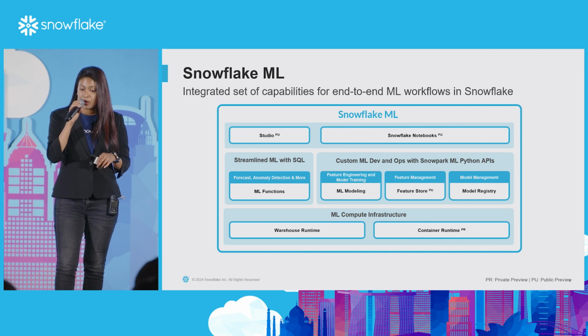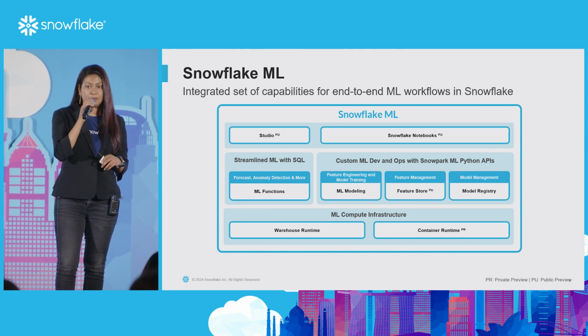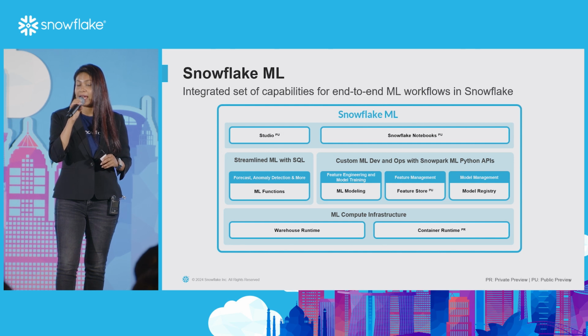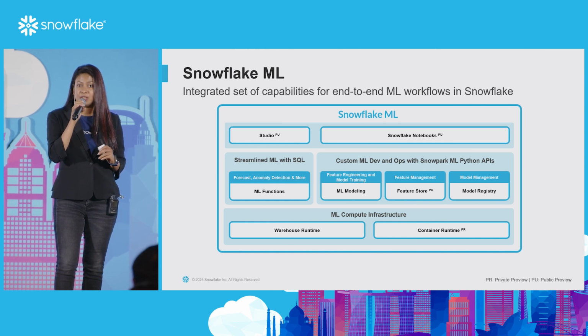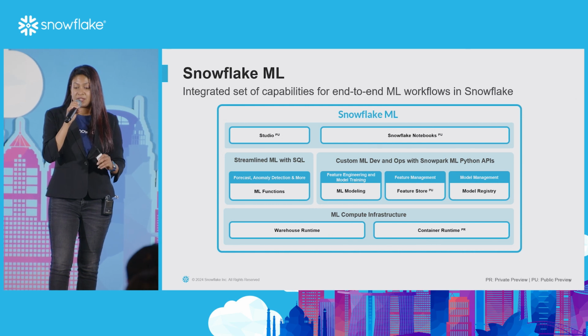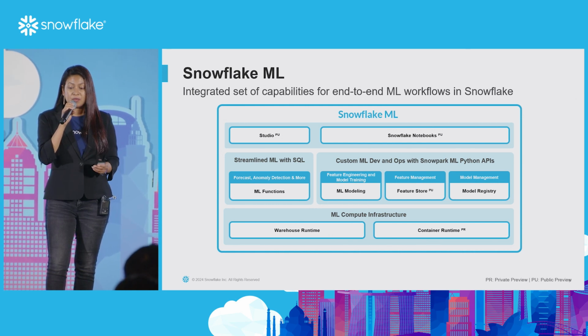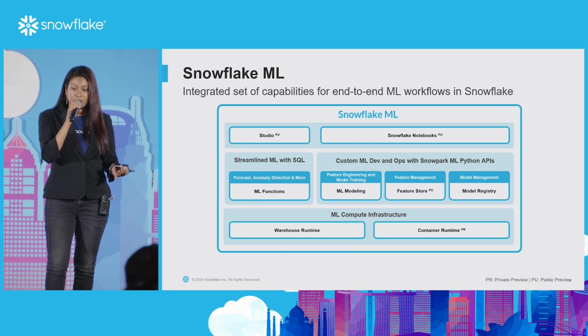And going to the next layer, which is the middle layer, we have ML functions, which is, again, if you are a very SQL savvy person and you want to develop AI ML models, then this is for you. It's very easy to build AI ML models using SQL functions in Snowflake. And next comes the custom ML dev and ops in Snowflake, which we use for our feature engineering.